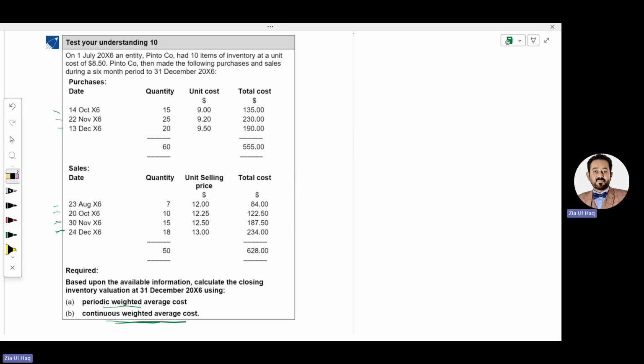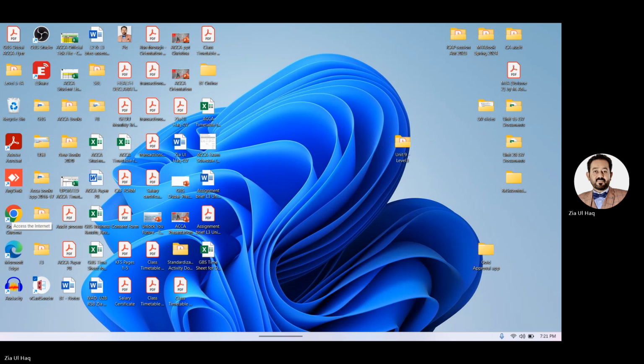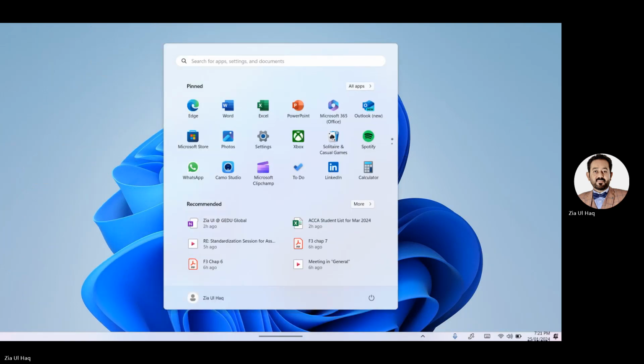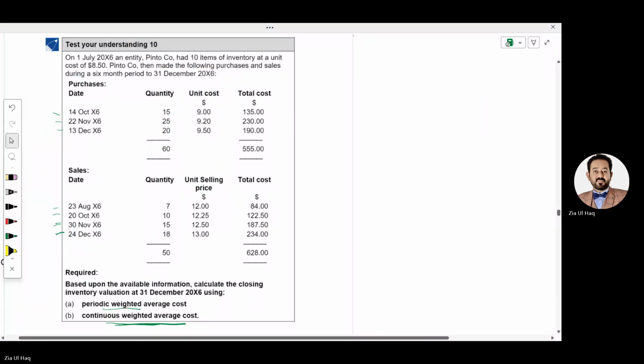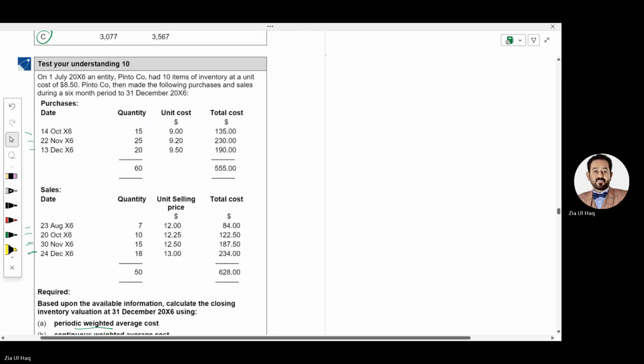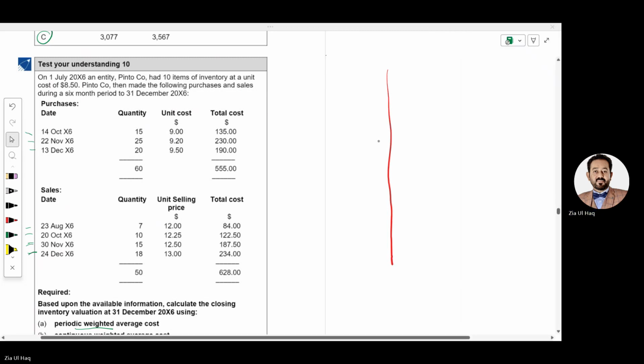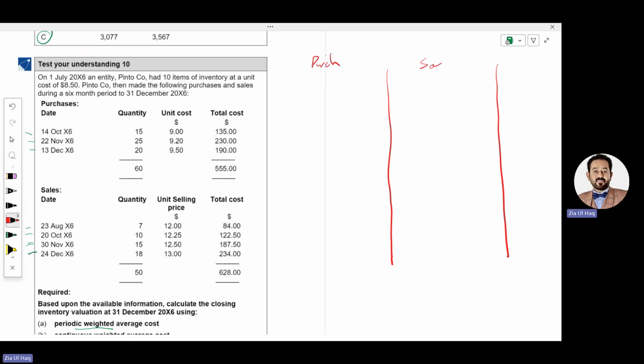So we need to make three columns. One for purchases, one for sale, and one column for net.